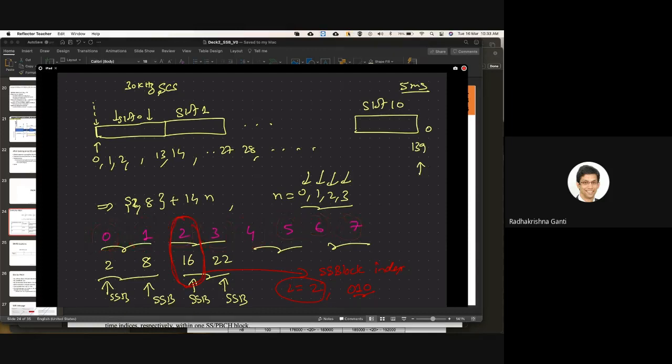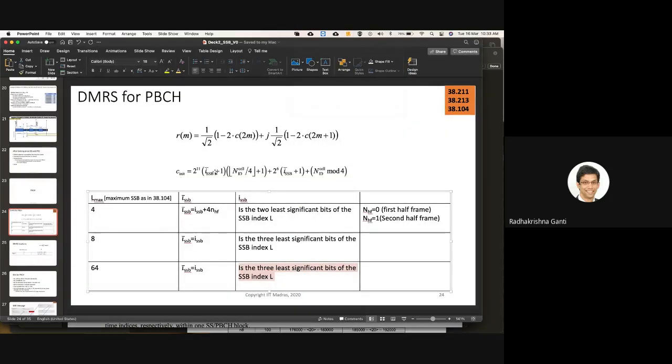If you are transmitting all these SS blocks, for SS block 0 you choose the C_init by placing this 0, generate the DMRS and send it off. For SS block 1, index 1, you change this to 1 and transmit it. SS block 2, you change it to 2 and transmit it.